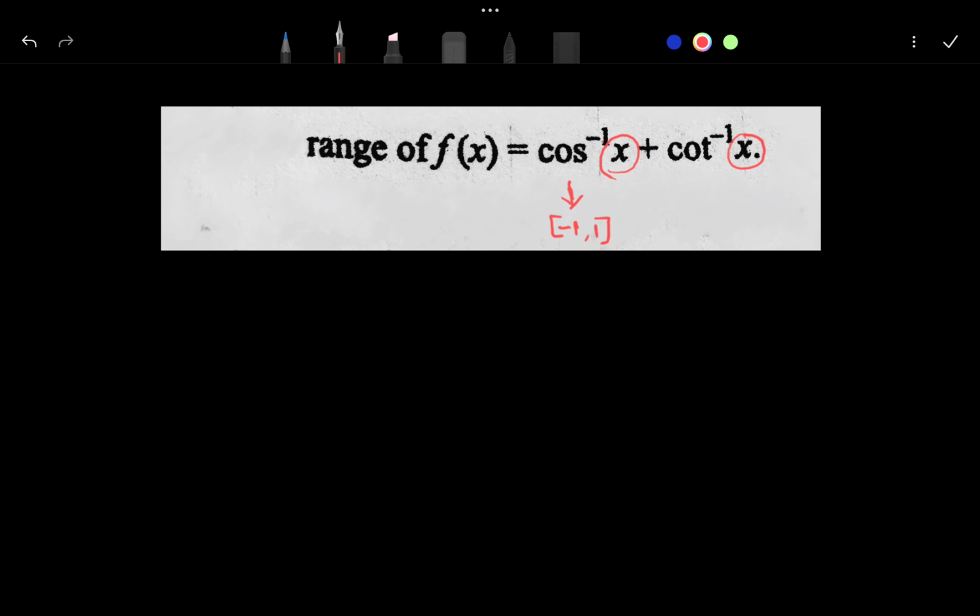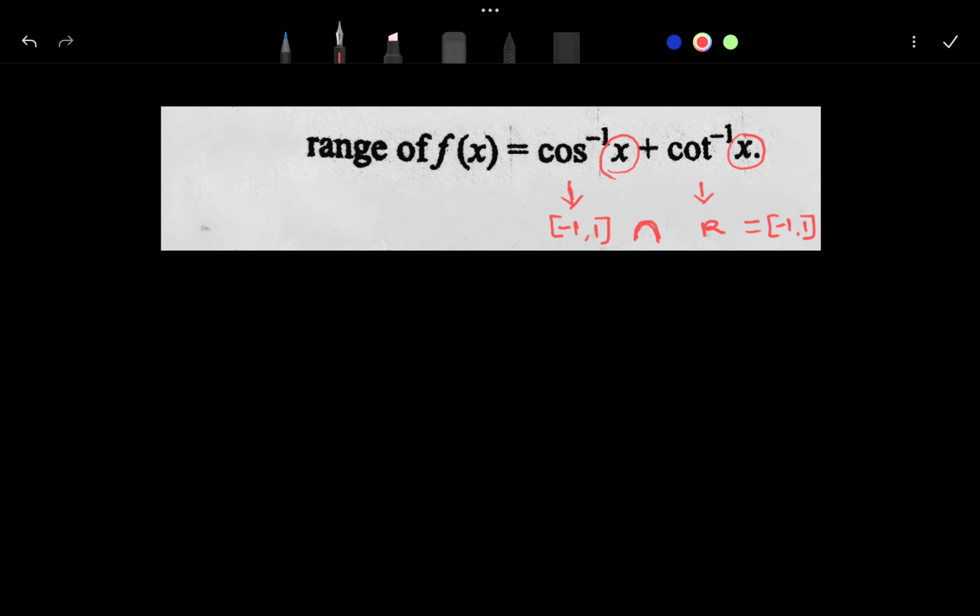The domain of cot inverse of x is nothing but R. Now, what is the intersection of these two domains? The intersection of these two will be the closed interval -1 comma 1. I hope everyone is clear on this point.